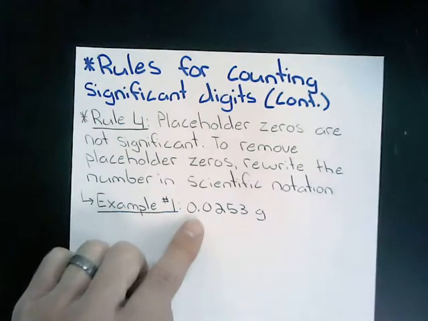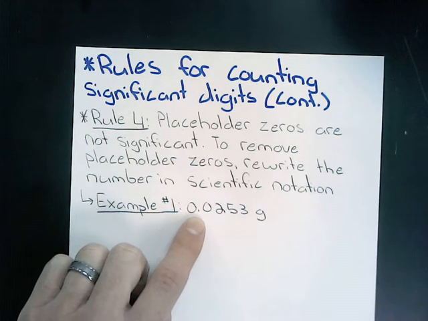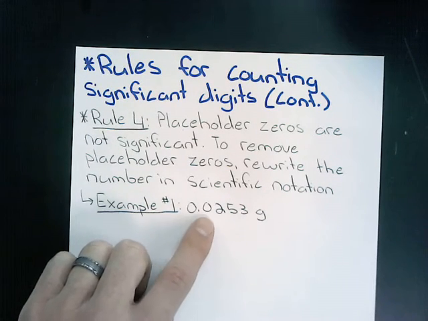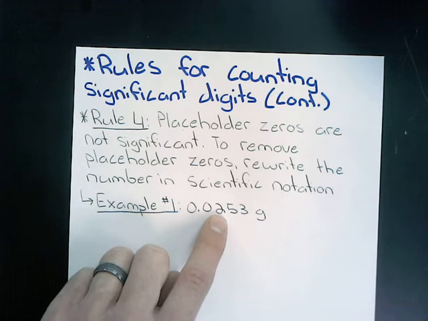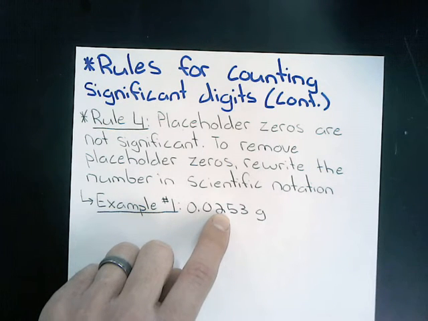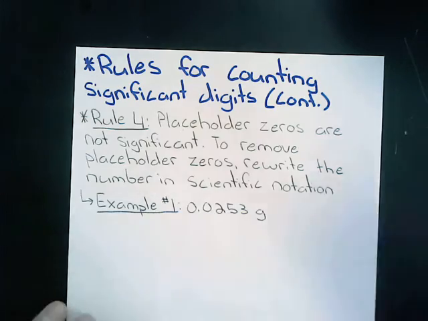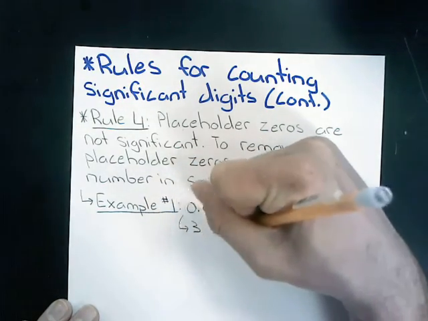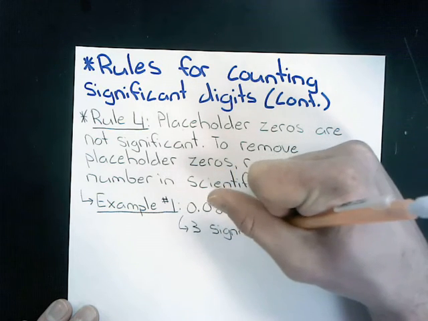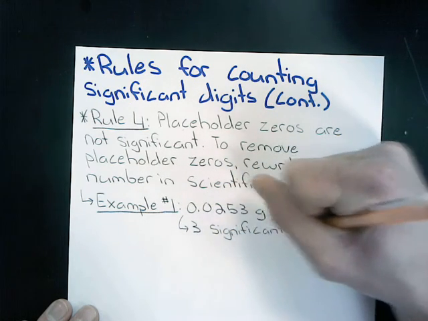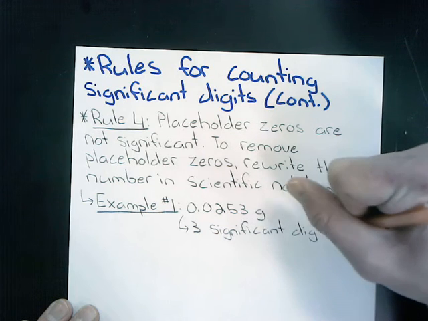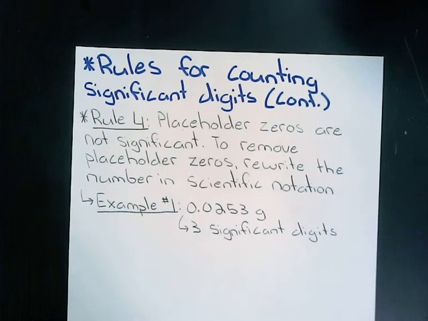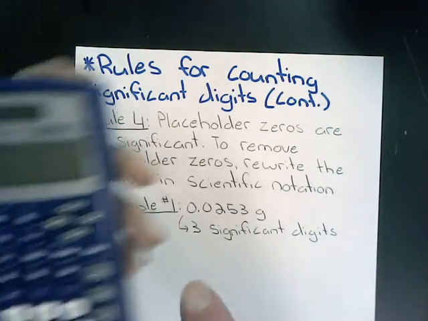Now, these zeros out in front are called leading zeros. They are not significant. So right here, we only start counting at the 2. So we have 1, 2, 3 significant digits. Now, again, the rule said, to eliminate all of this, just rewrite the number in scientific notation.